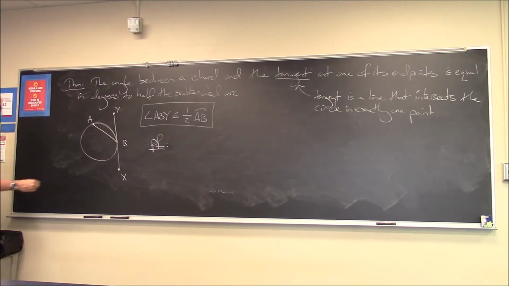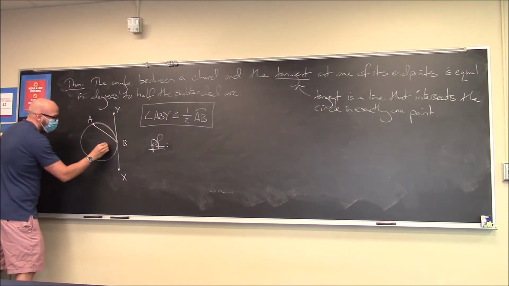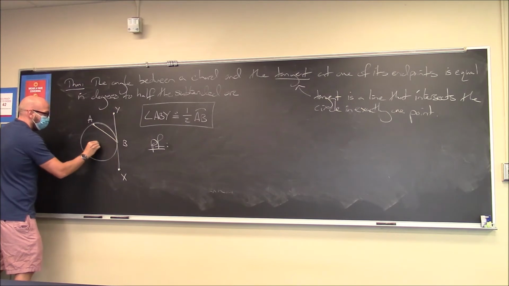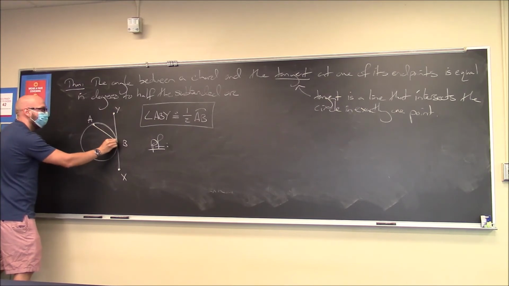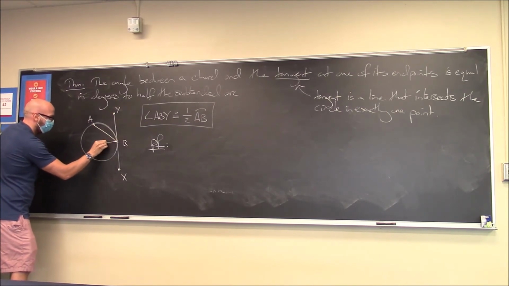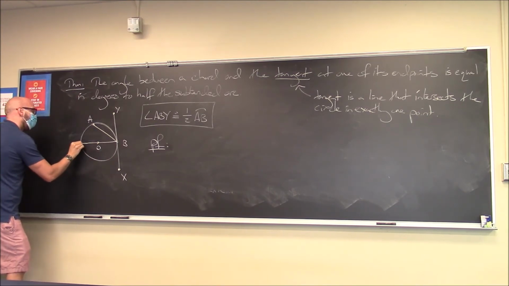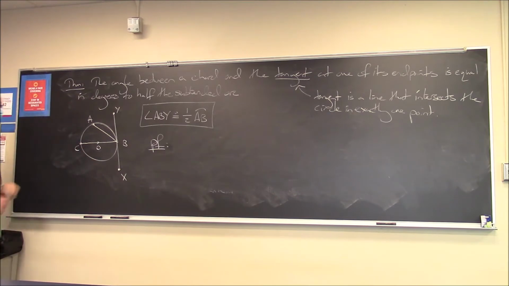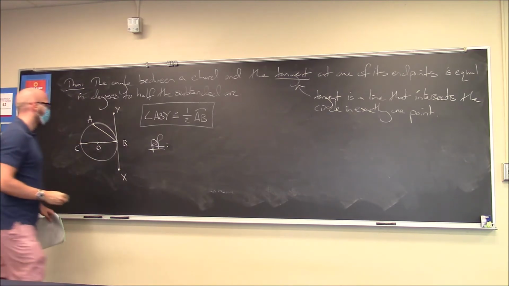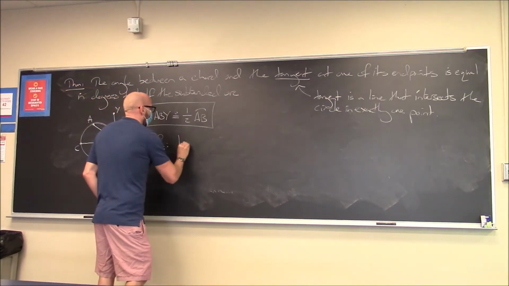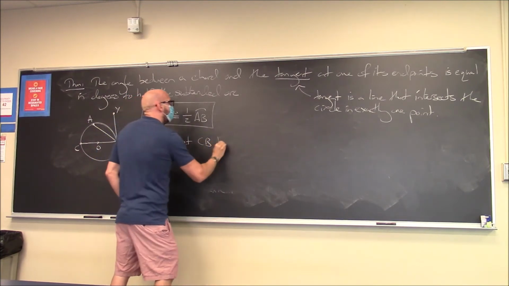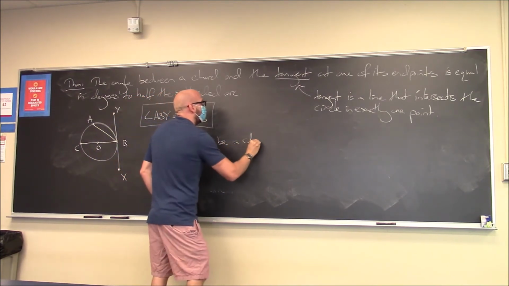So what do we know? Well, here's what I'm going to do. I'm going to put in the diameter that passes through B. So put in a diameter to this circle. This passes through the center, and the opposite side of this diameter, I'll call it C. All right, so let CB be a diameter.